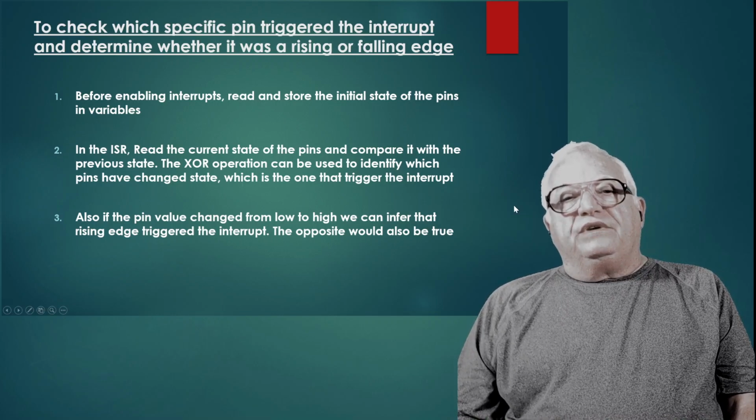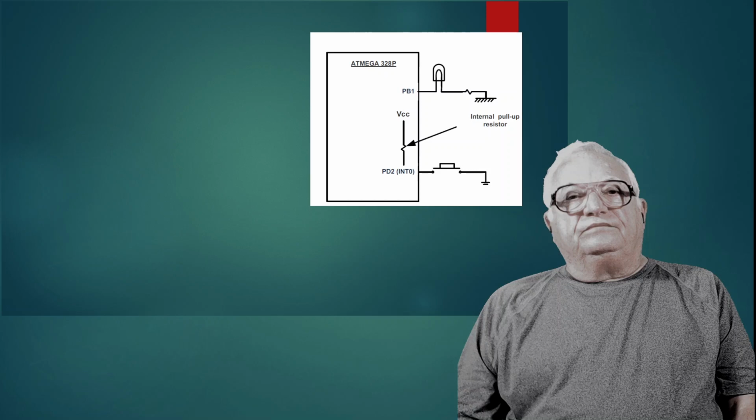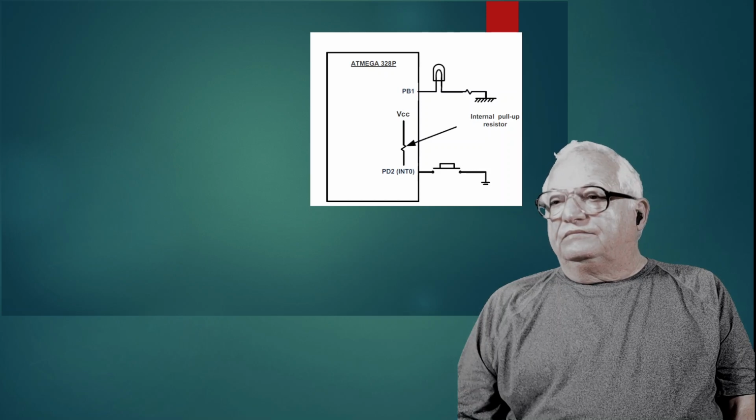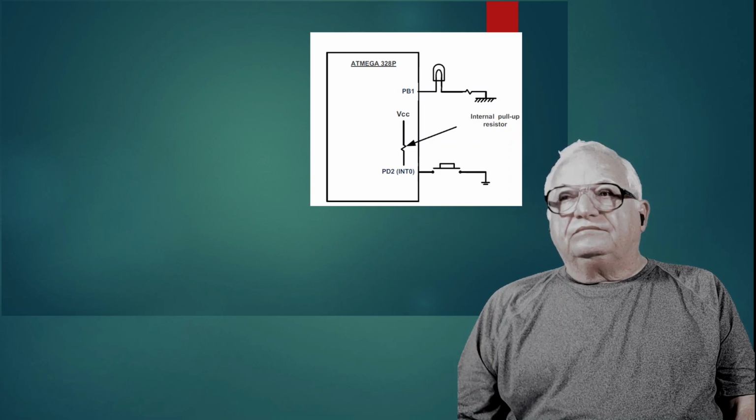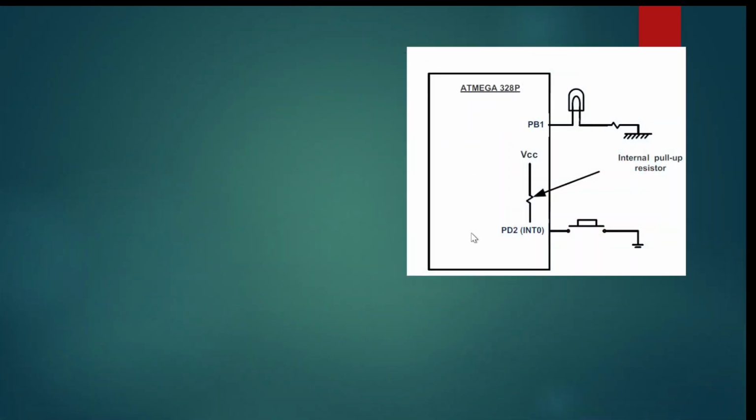The opposite would, of course, also be true. Okay, let's go to our examples. What we're going to do here, we have a switch hooked up to port D2, and we're going to configure that to trigger the INT0 interrupt.